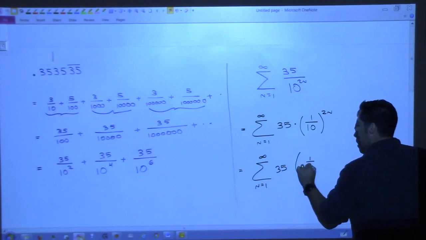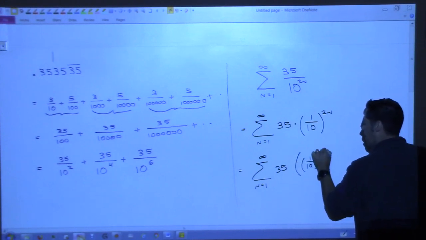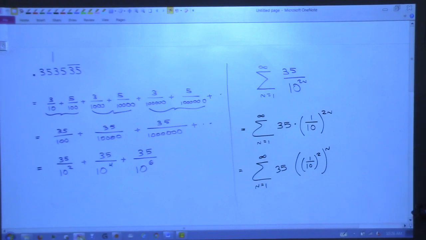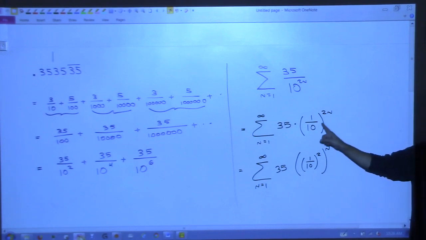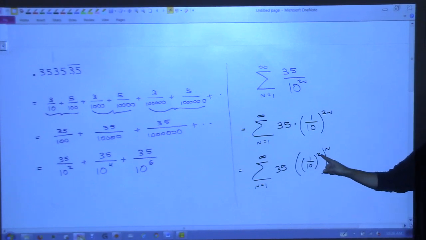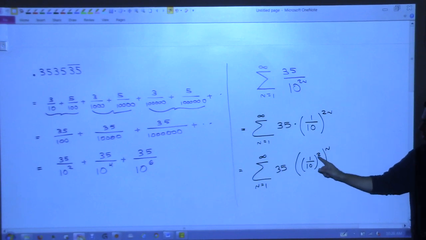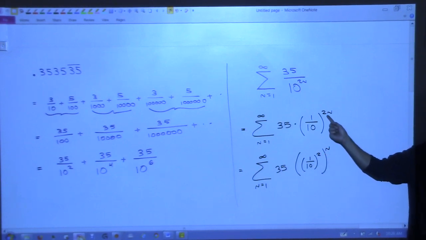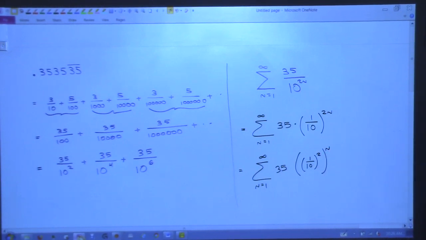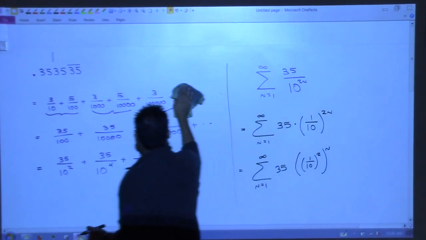How about 1/10 squared to the n? Isn't that the same as 1/10 to the 2n? It means 1/10 to the 2, squared, and then to the n, because you multiply those and you get 2n. But what's 1/10 squared? 1/100th? You follow that? This is just exponent properties here.